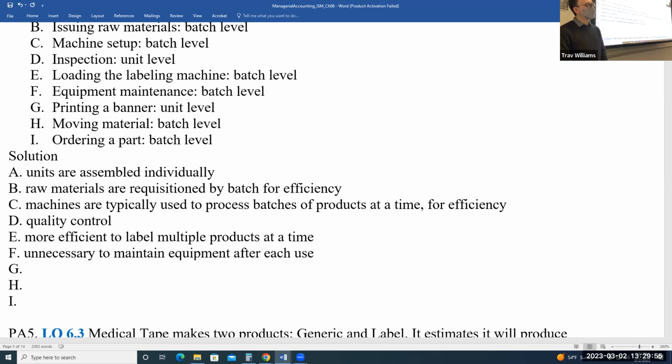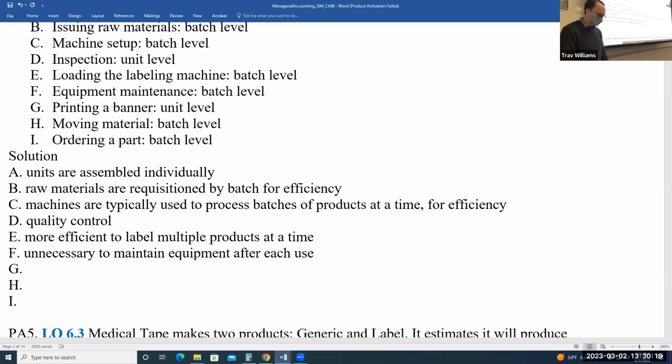For G, it says printing a banner, unit level. So why would we print a banner individually instead of a whole batch of banners? Banners are usually for a specific situation, so when they're ordered, it's usually individually.